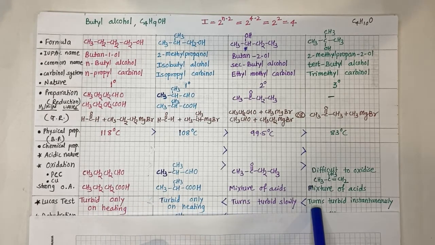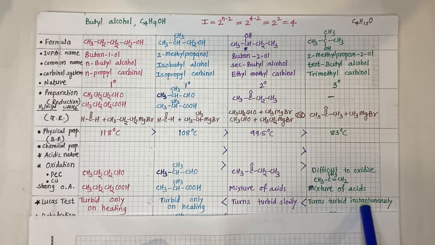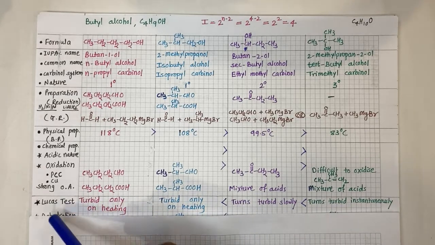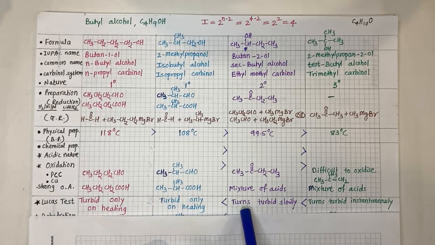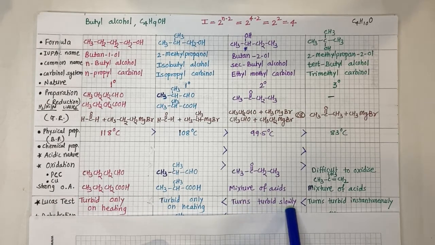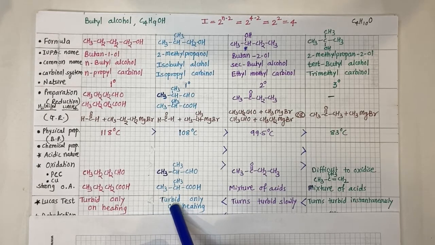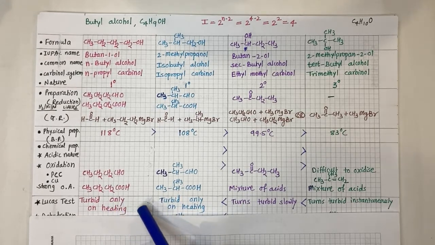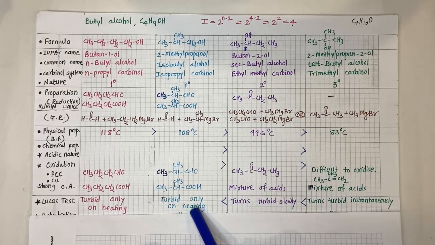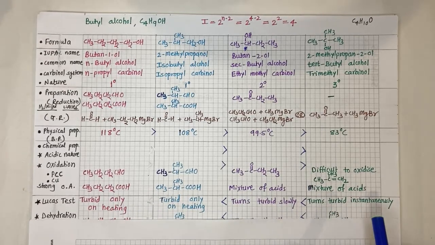Here tertiary are more reactive, therefore they turn turbid immediately when they react with HCl, or with the Lucas reagent. Then secondary alcohol turns turbid slowly, and these two are primary alcohols. They turn turbid, or cloudiness appears, only after heating. Okay, that is, here tertiary are more reactive.